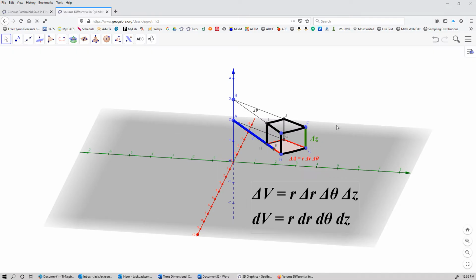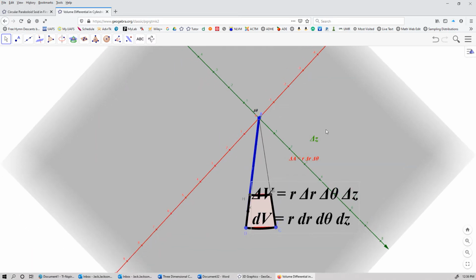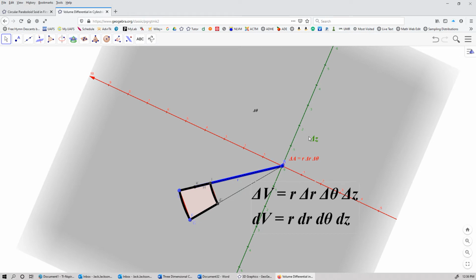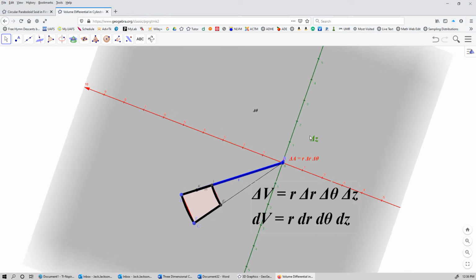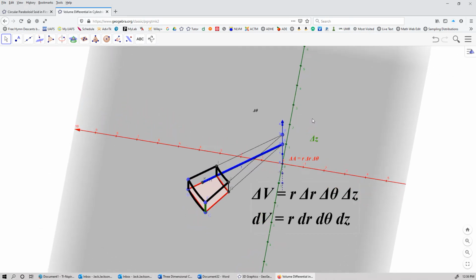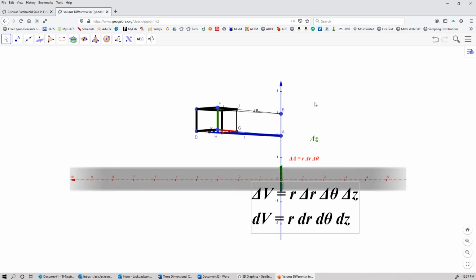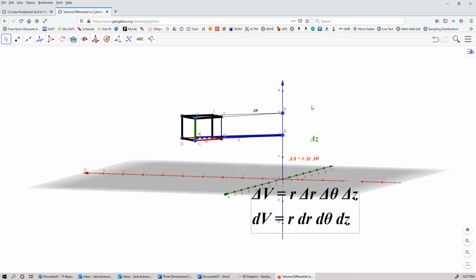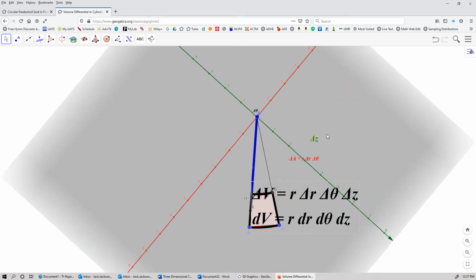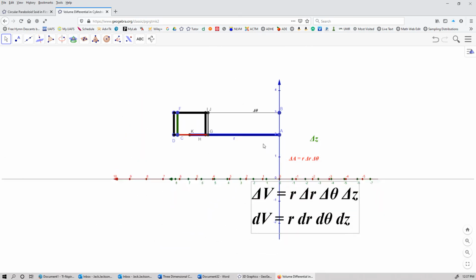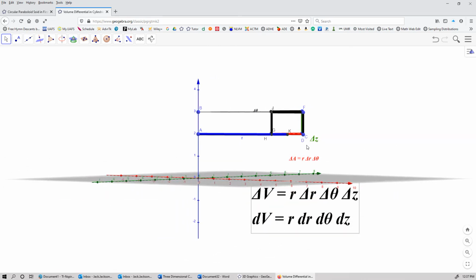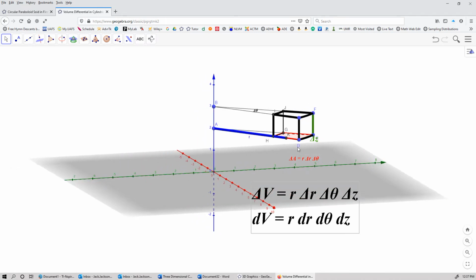Just to give you a better look at this, I've got a picture here where I can rotate this around. So here you can see the base is a little slice like we had in polar coordinates. Okay, and it's the same straight up and down. So it's the same all the way around that way. These are circular arcs here and here. And that's just a rectangle on the side there.